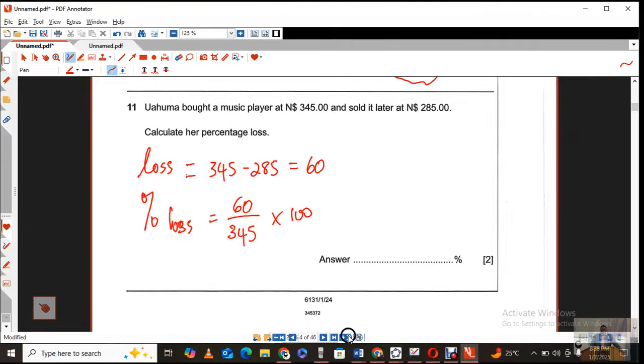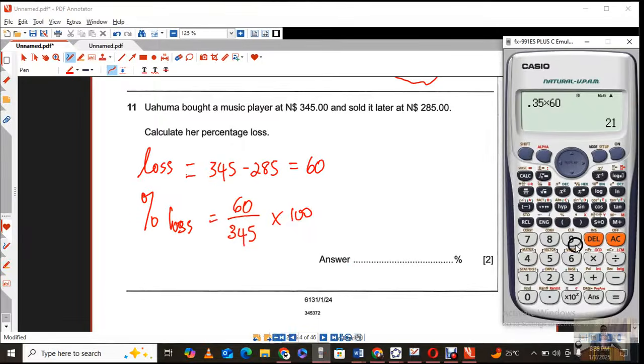Okay, and you can use your calculator, of course. So this is going to be 60 upon 345. Hit that, and you can simply multiply that by 100. Of course, you get 17.39 and so on.